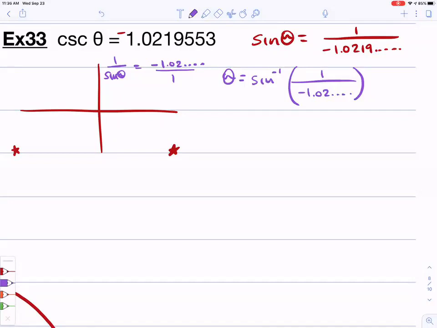So use the negative down at the bottom by the enter button instead of the minus sign. You didn't do 1 divided by. You're not typing in what I wrote. So it should be sine inverse of 1 divided by. That was the problem.